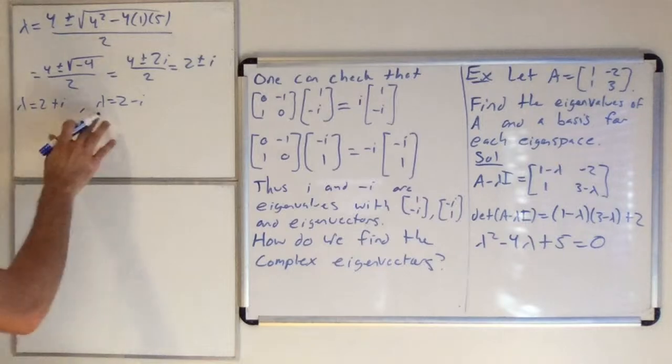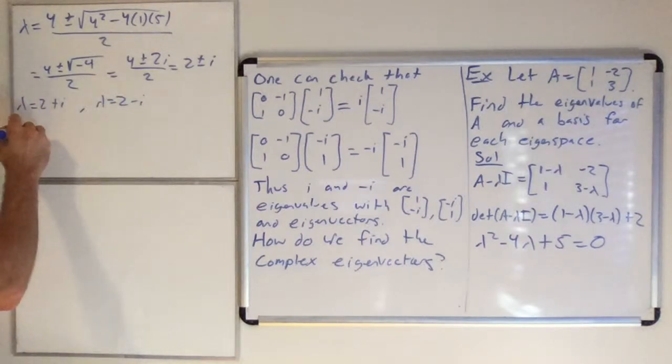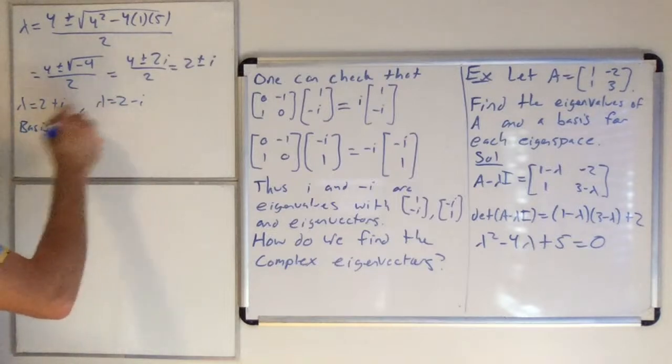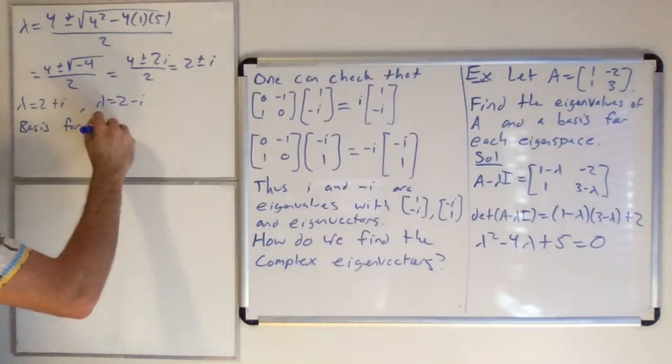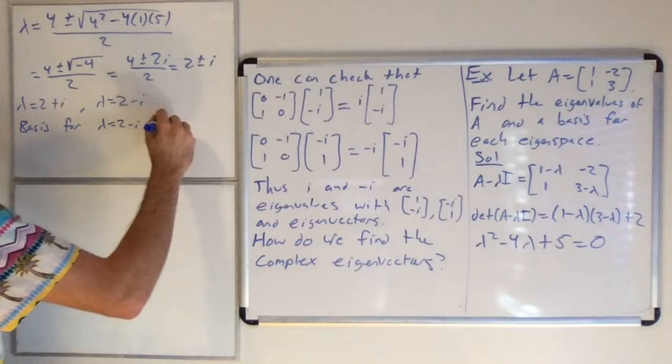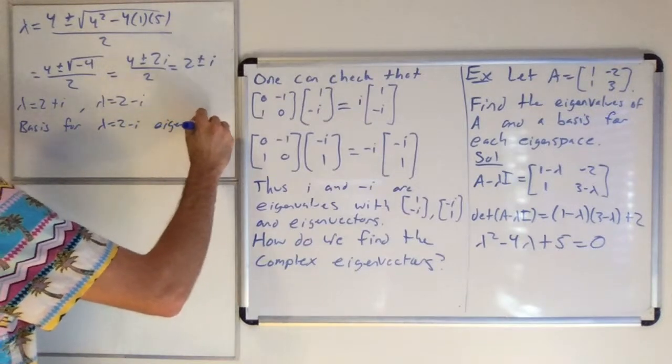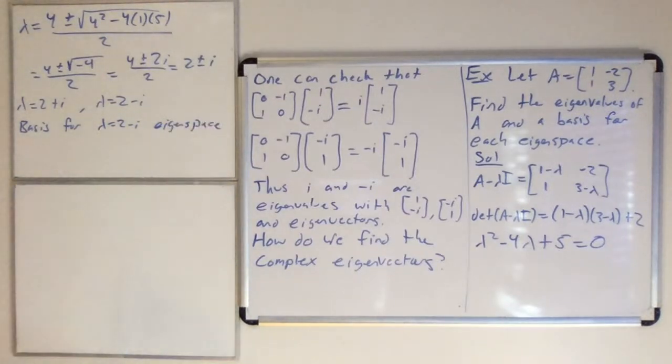So let's start with, we'll find a basis for the lambda equals 2 minus i eigenspace. And then we'll move on to the other one.